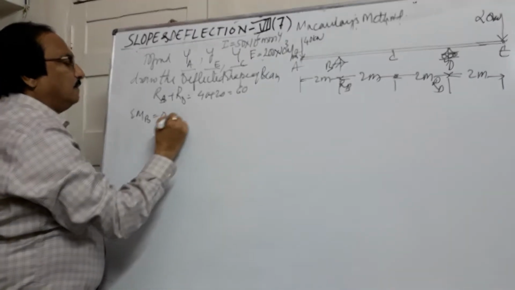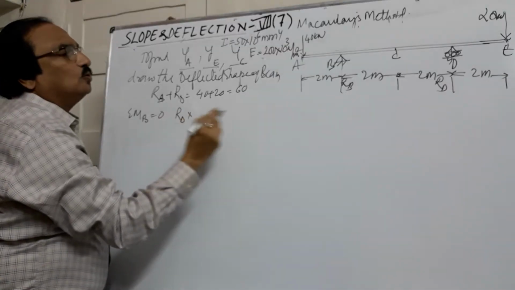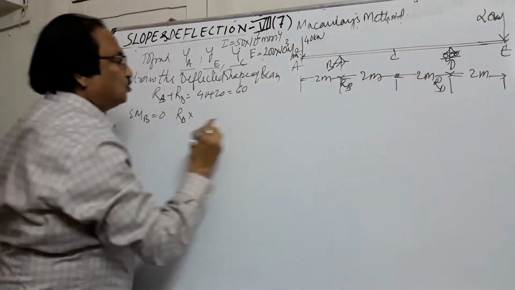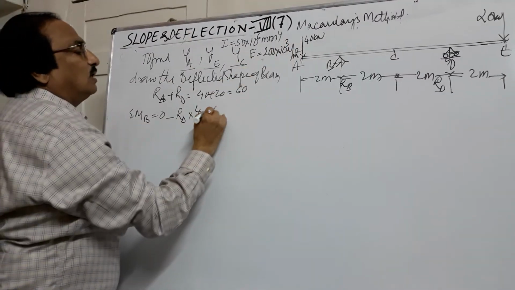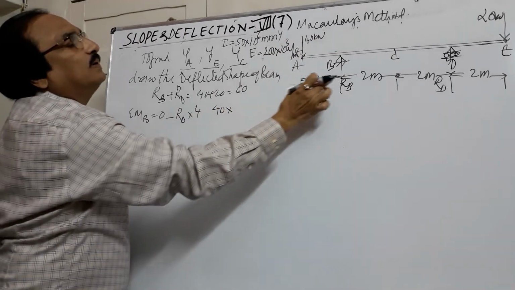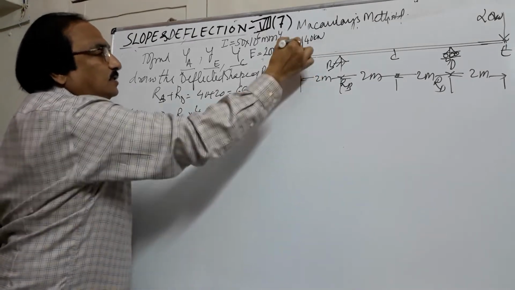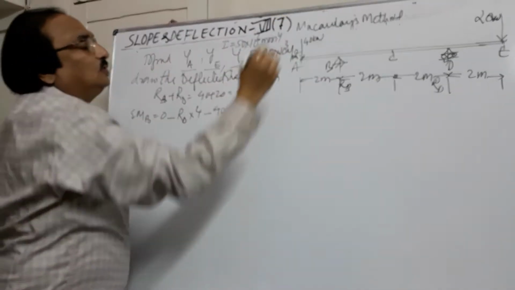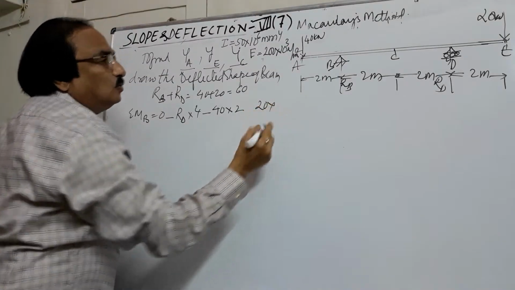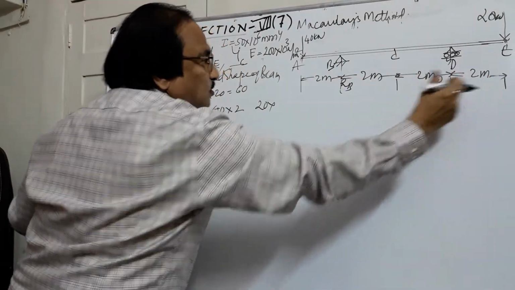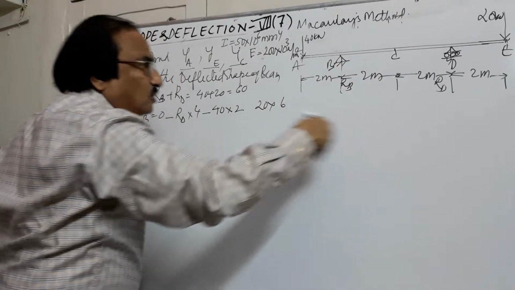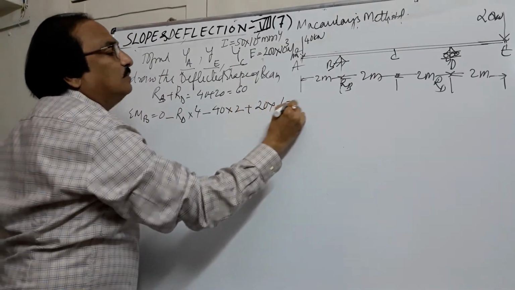So RD into the perpendicular distance, 2 plus 2, 4 meters, anti-clockwise. Then I will come to this 40 into its perpendicular distance, 2 meters. This is rotating in anti-clockwise direction, so minus. Then coming to that 20 into the distance from here to here, 2 plus 2 plus 2, 6 meters, and that is rotating in clockwise direction, must be equal to 0.